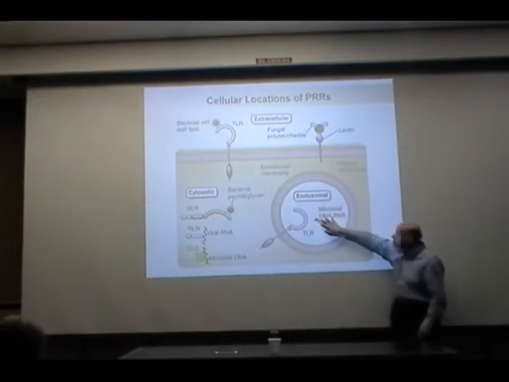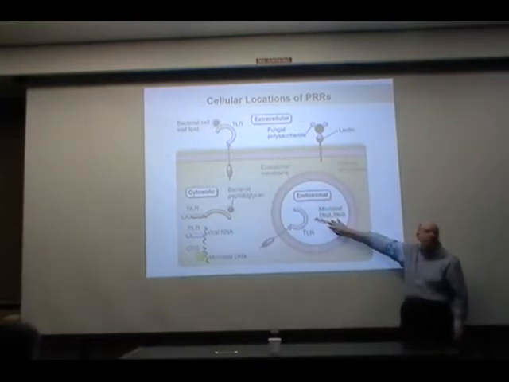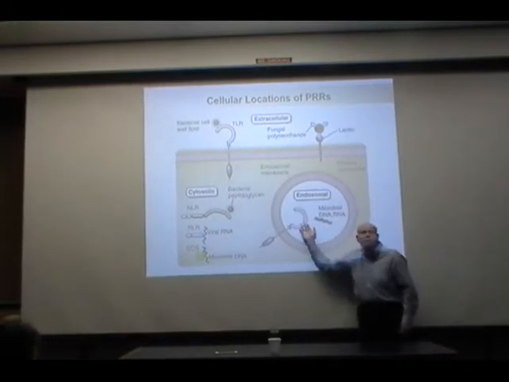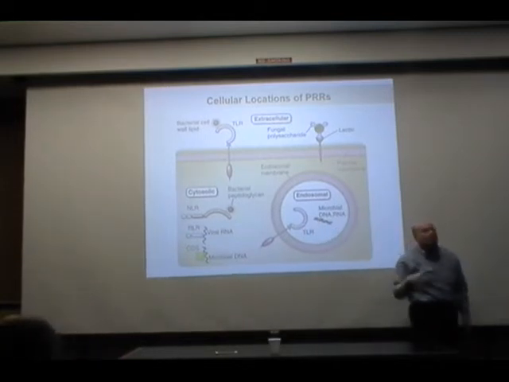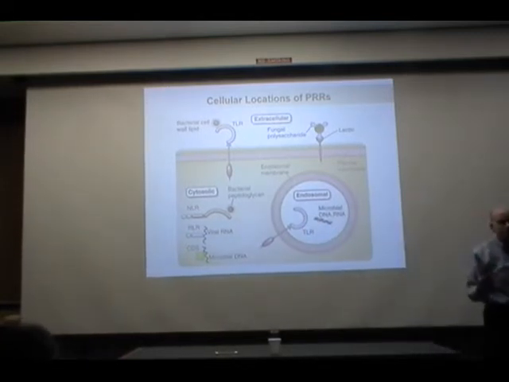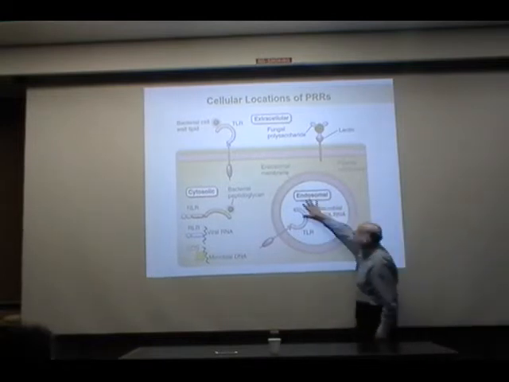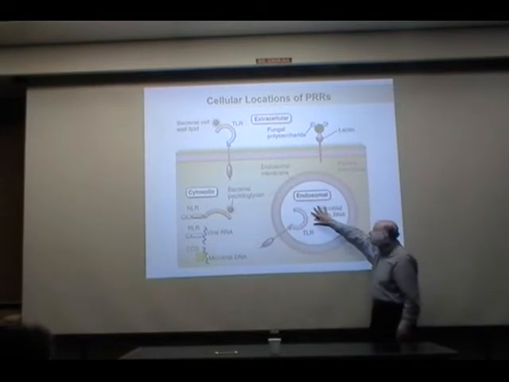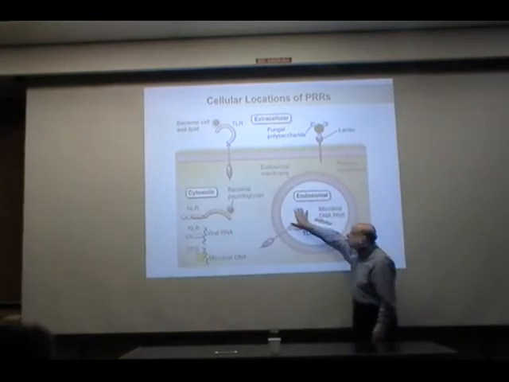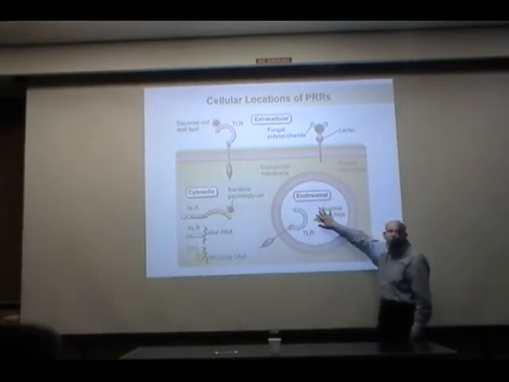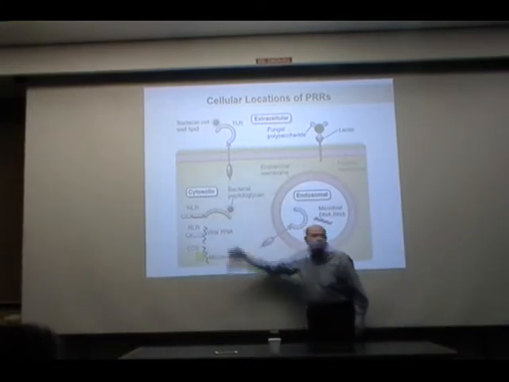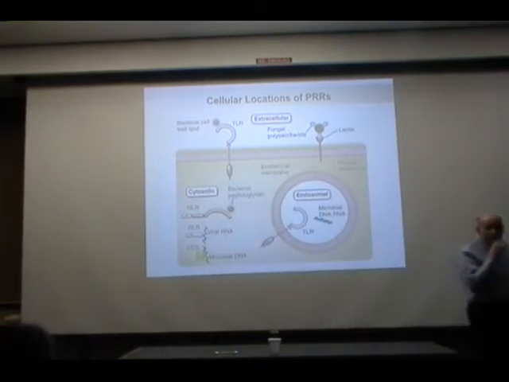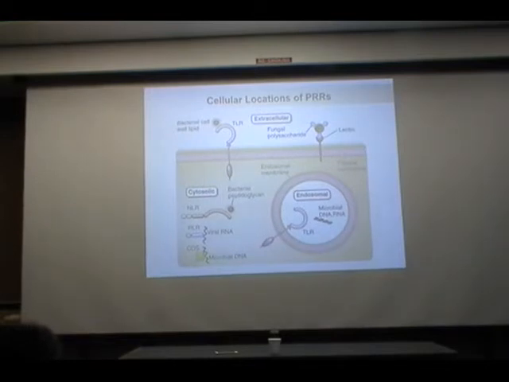So if they happen to drink in a bacteria of some kind, or a virus, or fungus, or whatever, you want some surveillance going on in the endosome itself. Just in case you missed it on the cell surface, if the cell endocytosed liquid and brought in an infectious agent, you want to be able to detect that infectious agent while it's in the endosome, and then, of course, in the cytosol, mostly for viruses. So those are the three locations you put pattern recognition receptors.